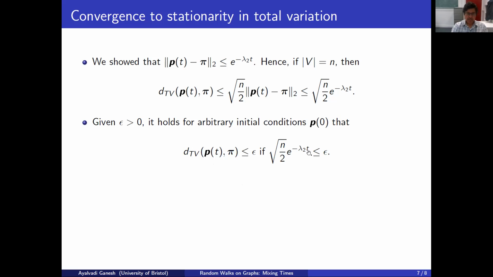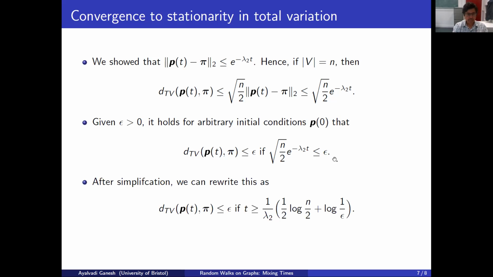So it tells us how big we have to pick t in order to make this smaller than epsilon. With some simplification, we can write that this total variation distance is smaller than epsilon if t is bigger than this whole thing. Again, the typo will have some effect here.